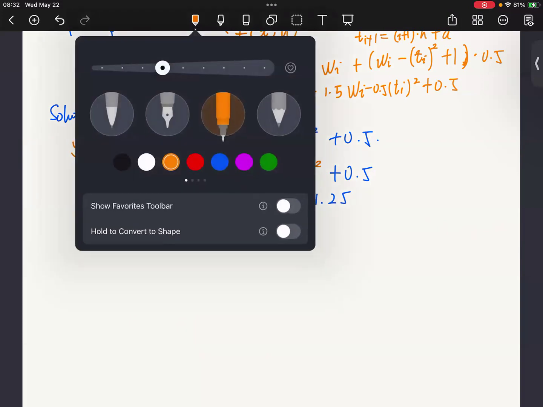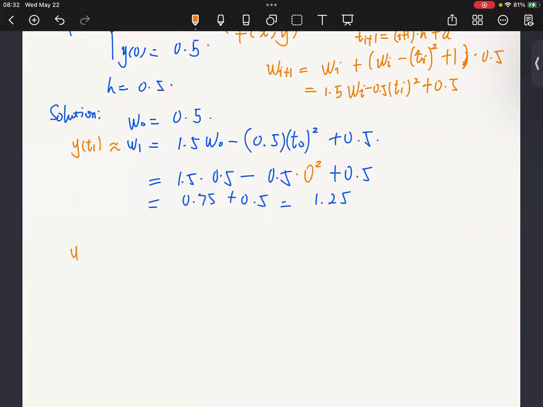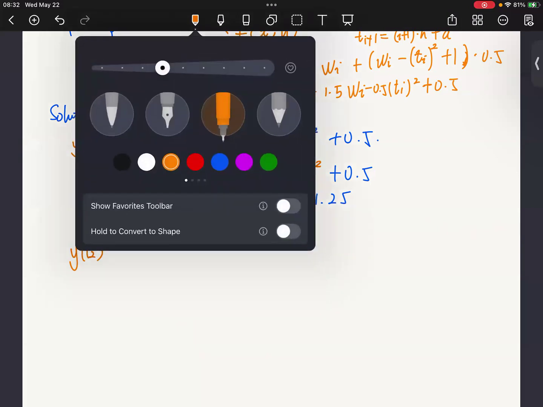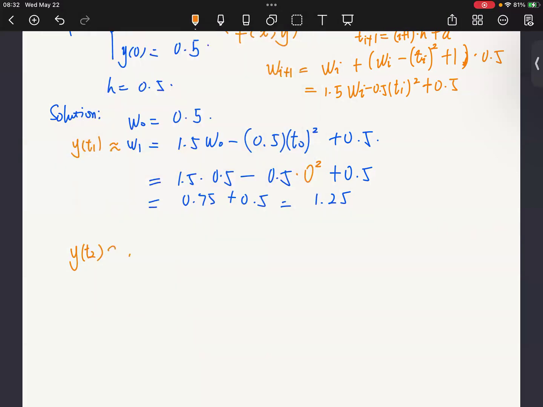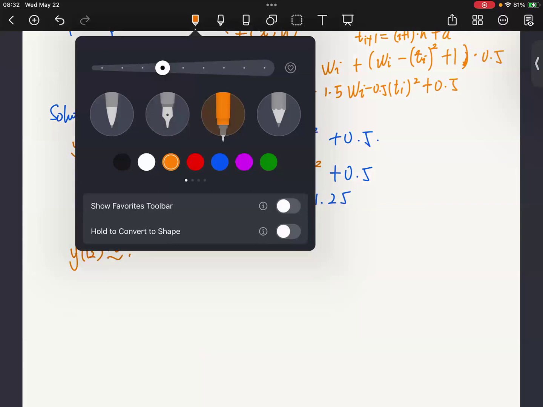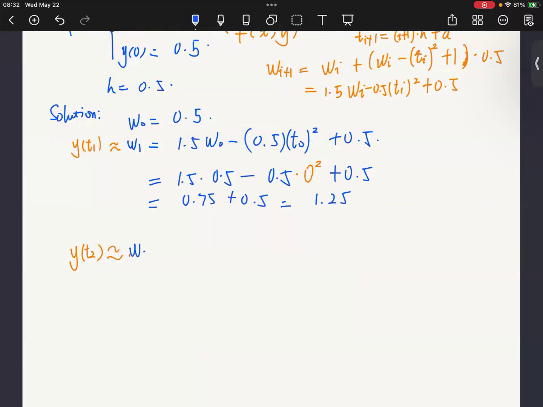And we get to the approximation of Y at T2. The Y(T2) is approximated by W2.